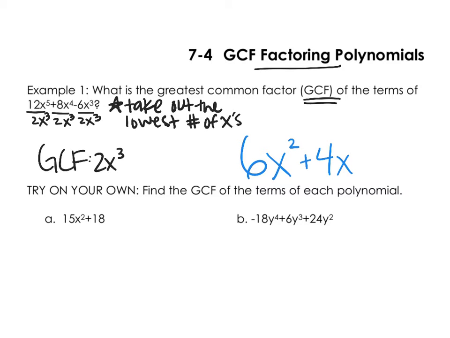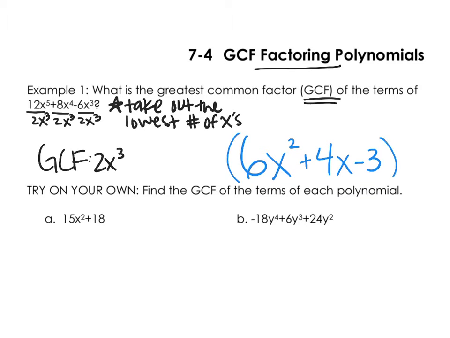Then, last one, I had -6 divided by 2, so that gives me a -3. I had x to the 3rd, and I took out x to the 3rd, so I do not have any x's left. Now, I'm not done because there's one part that's super important. I took out the GCF, 2x to the 3rd.